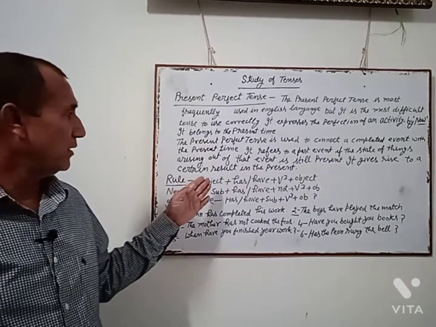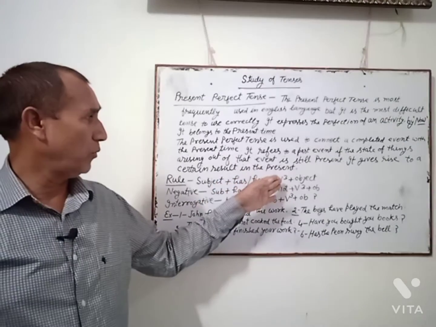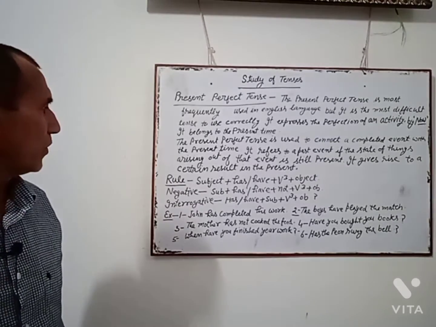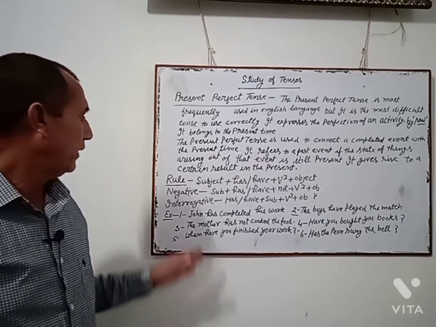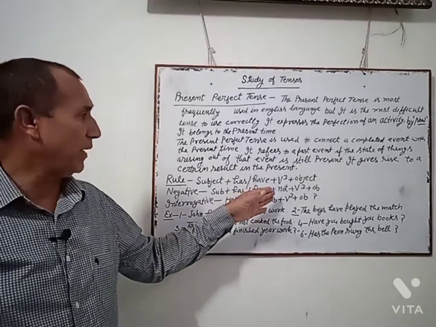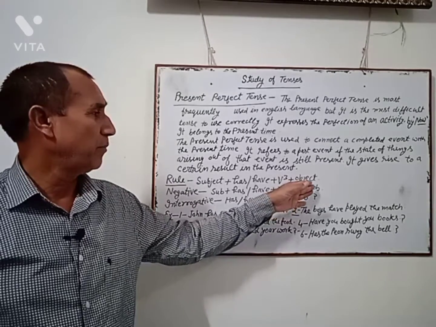Its rule is subject plus has or have plus V3 plus object. Negative: subject plus has or have plus not plus V3 plus object.